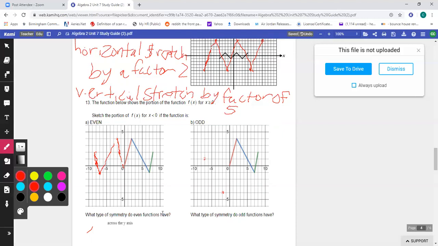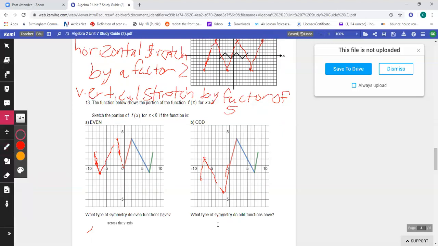And then at 8, +2 is at 8, -2 now. And the symmetry that they have here is across the origin. Okay. Across the origin.